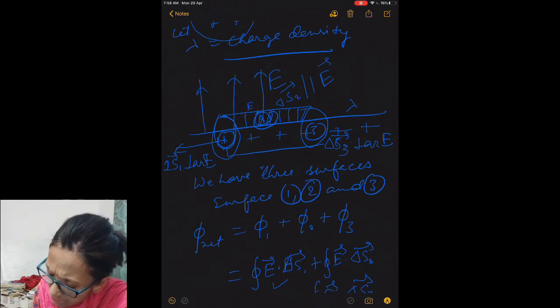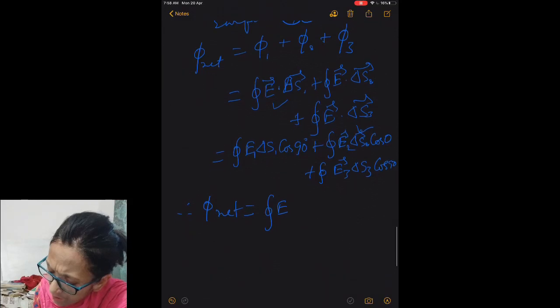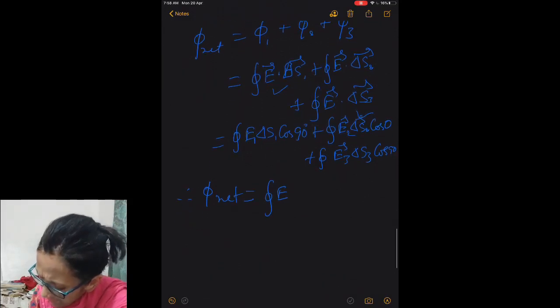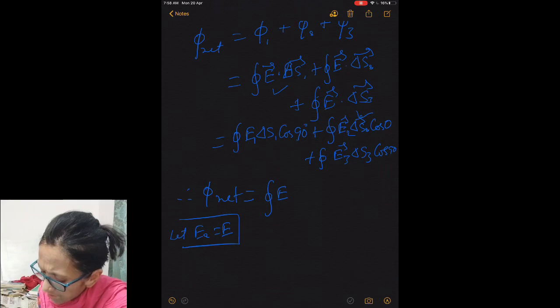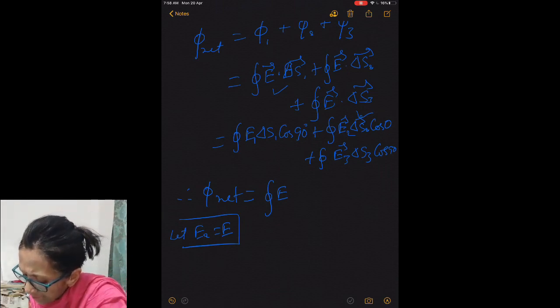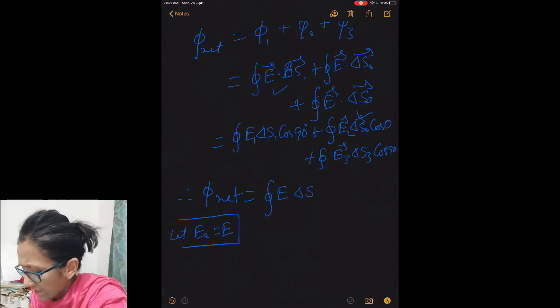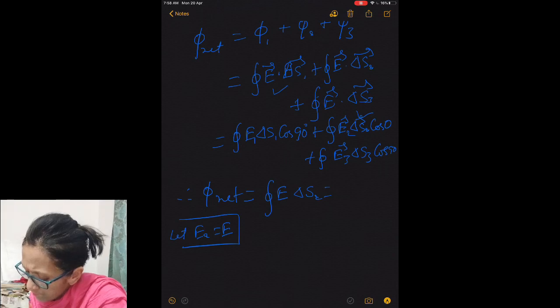So here the electric field will also be the same, and we take E2 is equal to E. So E2 is E and into surface area del S2 is equal to charge enclosed, Q enclosed by epsilon naught.